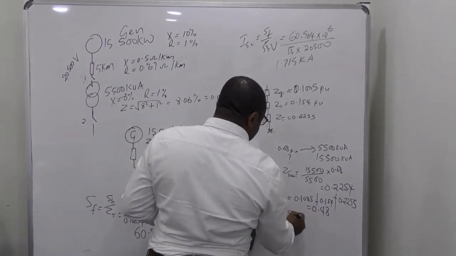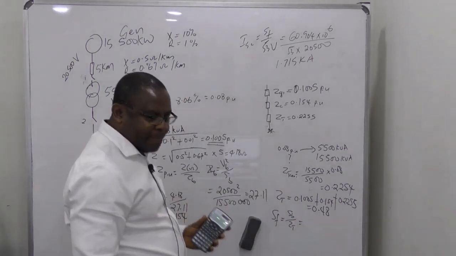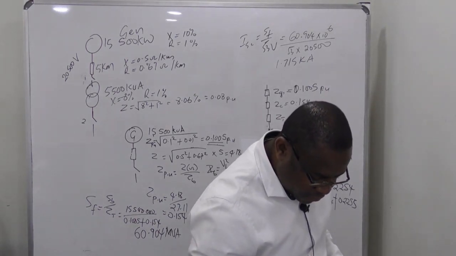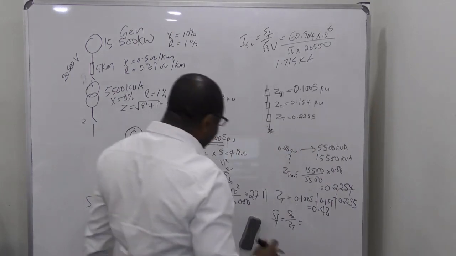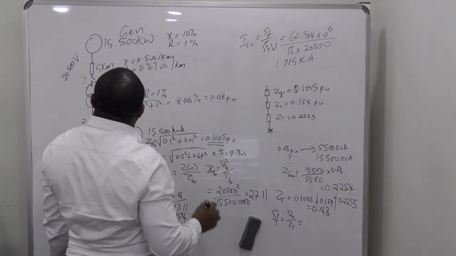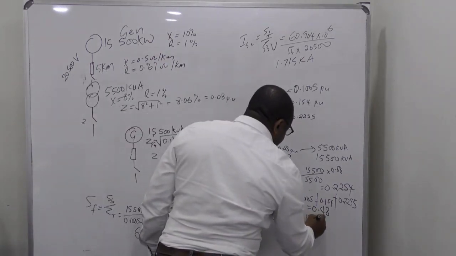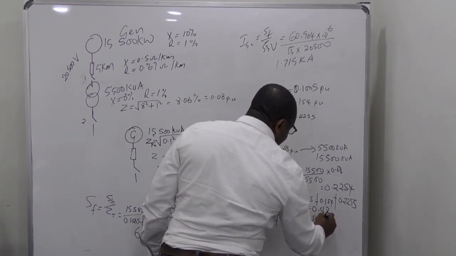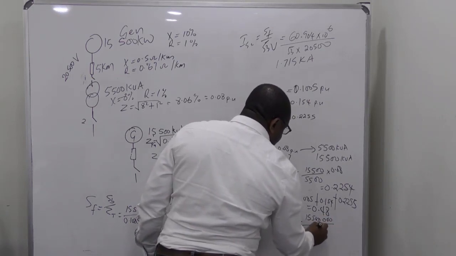So the S fault, the rupturing capacity, is S base over Z total. Our S base is 15,500 kVA, divided by Z total 0.48.